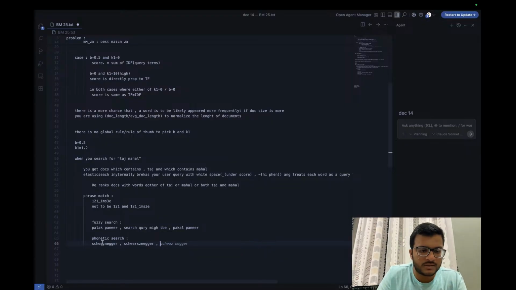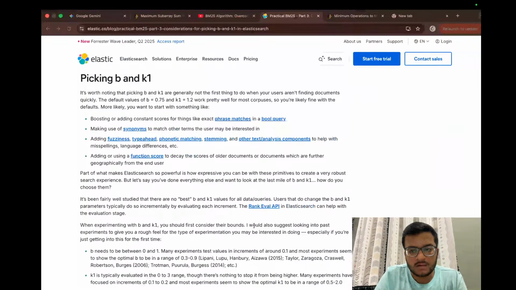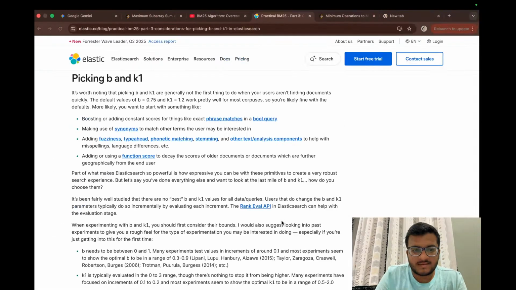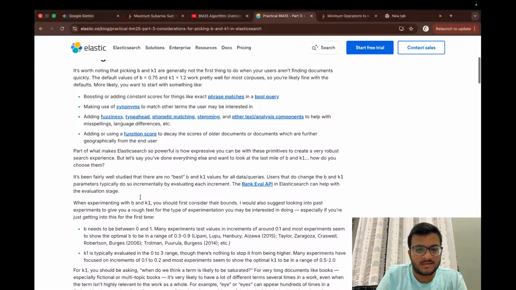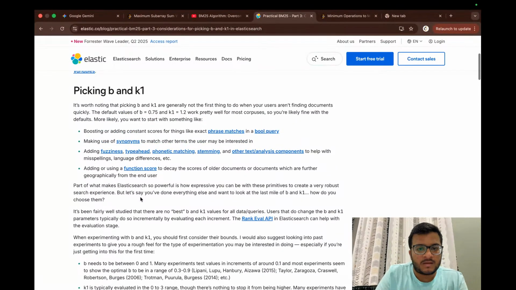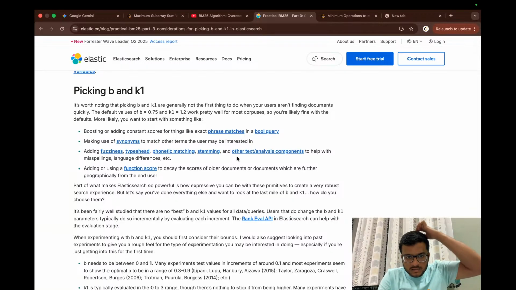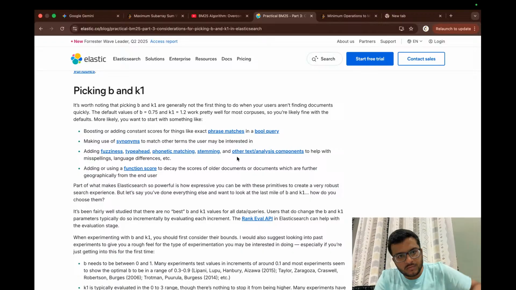I don't know how these are converted into phonetic mappings, but that's the phonetic search they maintain. Okay, interesting. So that's why Elasticsearch is so robust and mostly used.